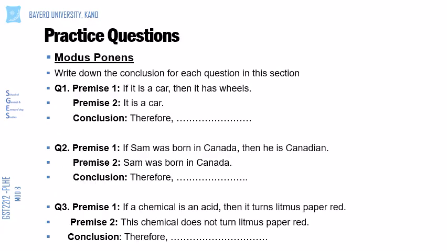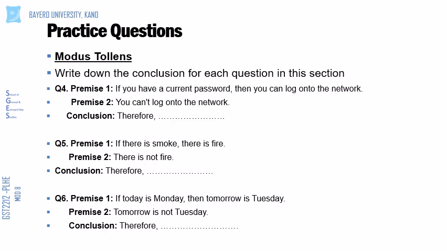Here are some practice questions. We have modus ponens, where we have questions 1, 2, and 3. And then we have questions on modus tollens, where we have questions 4, 5, and 6.